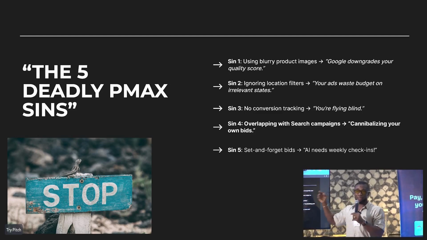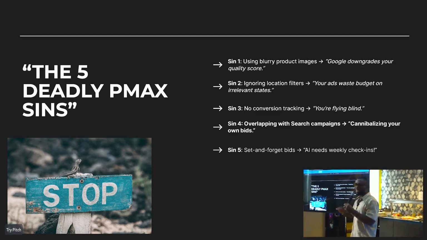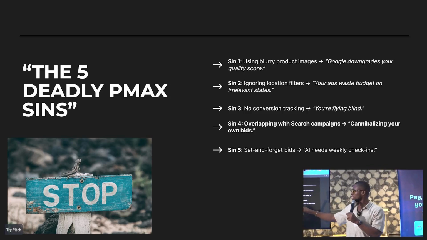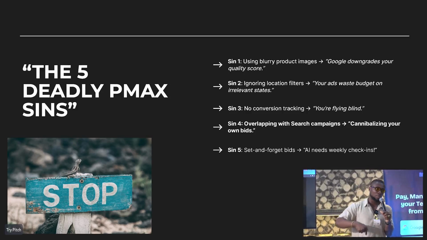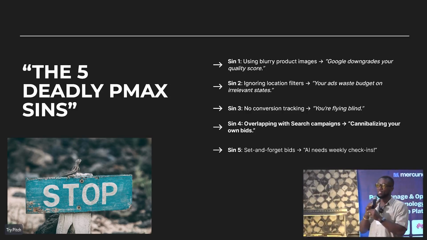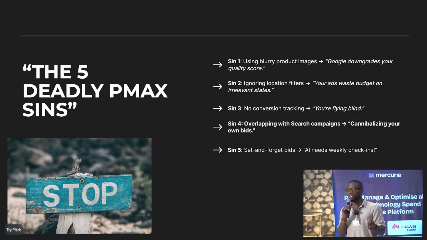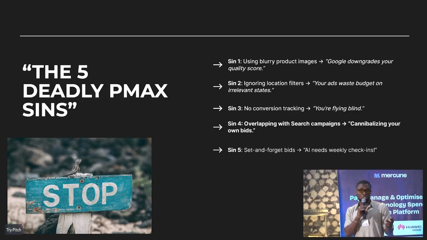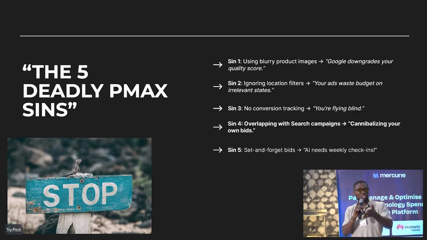The third thing that I mentioned before, you're not tracking your conversions. Google doesn't understand what the conversion means to your business. You're flying practically blind. That is wrong. The next one is overlapping your search campaigns and Performance Max. And I've explained this one very well. Some people, when they launch their Performance Max campaign, they also launch a search campaign at the same time. That's wrong, because Performance Max would also do search campaign for you.